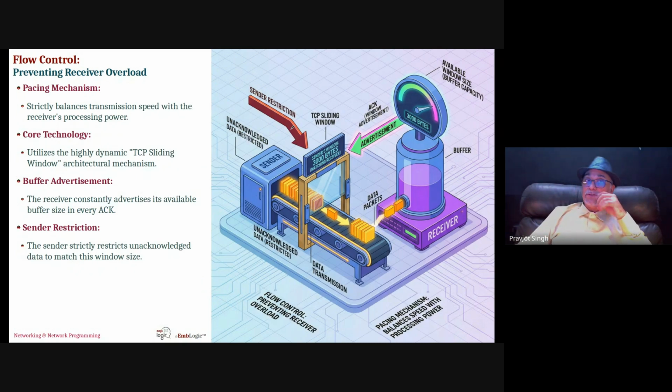Now, flow control. The sender will always have restrictions. What are the restrictions? Restrictions are imposed by two factors on the sender. One is the network, one is the receiver itself.